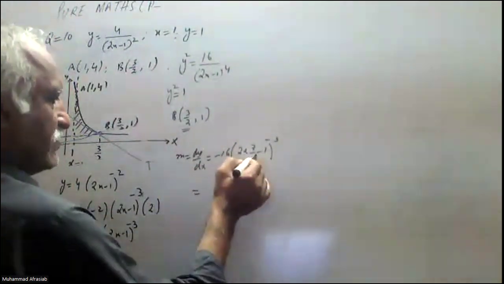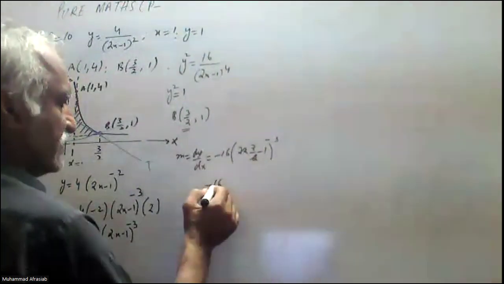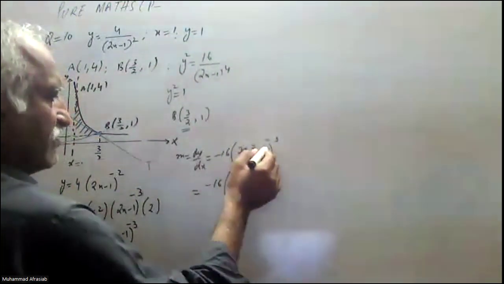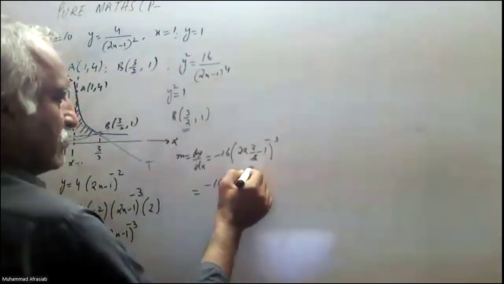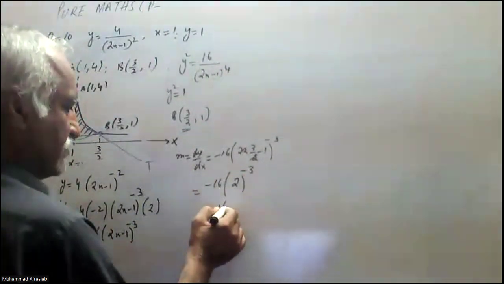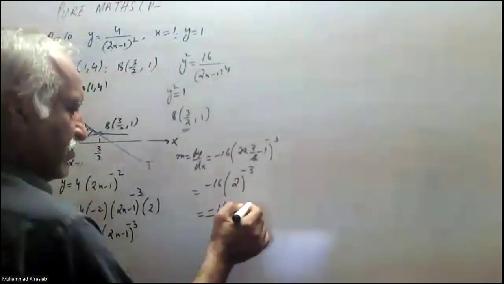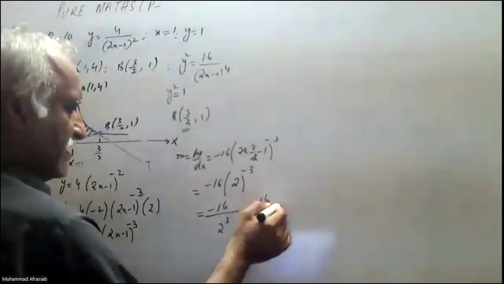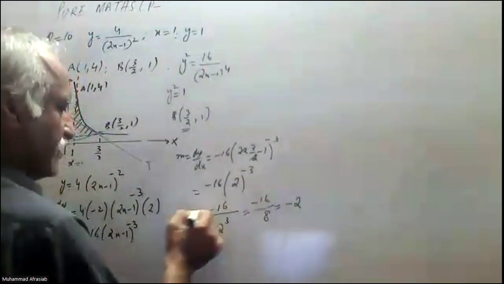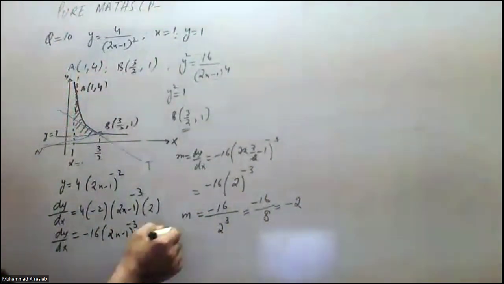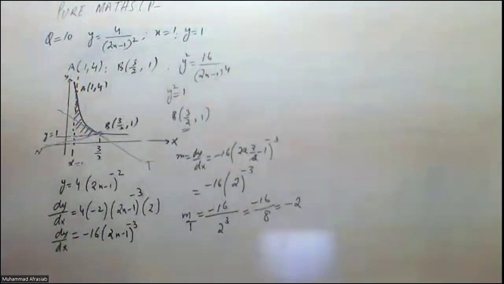So this thing will be equal to minus 16 into 3 minus 1 is 2 there, minus 3. That is minus 16 over 2 power 3, which is minus 16 over 8, and that thing is equal to minus 2. That is the slope of this tangent to this curve is minus 2 there.